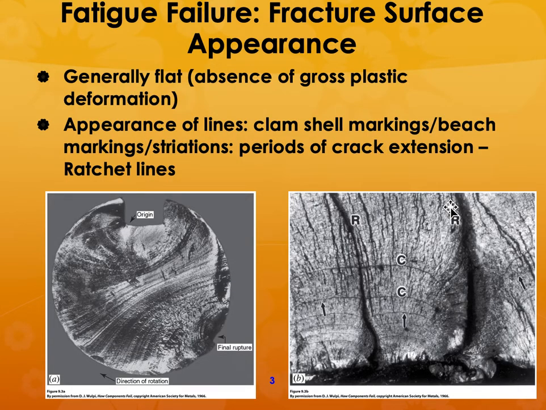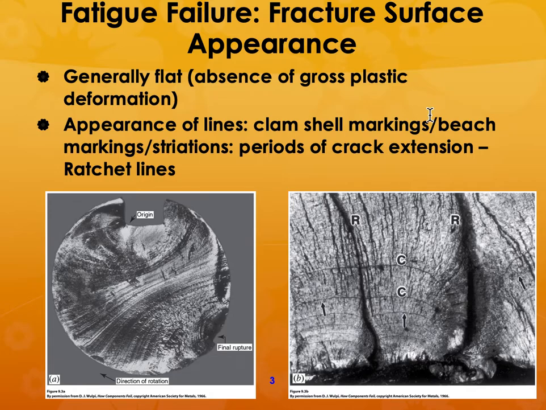Now, when a component fails due to fatigue, what is it that you see? Especially in this case, this is a keyway of a bolt. So you can see that it is generally flat. There is not a whole lot of plastic deformation.